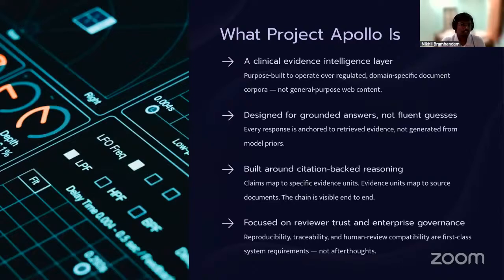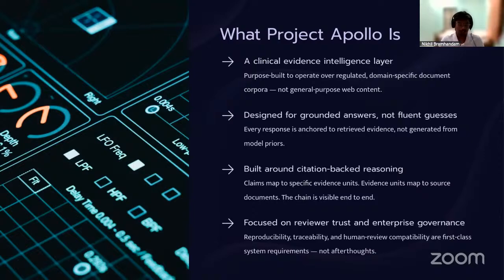The whole and sole purpose of this system is to give us grounded answers, like every response is grounded in retrieved evidence, not generated from prior models or some chain of thought, directly deriving from the documents themselves, and it is built around citing everything. Like in academic papers, if something from somewhere else was used, it's explicitly cited in the citations part.